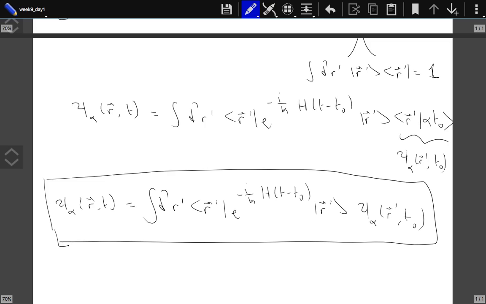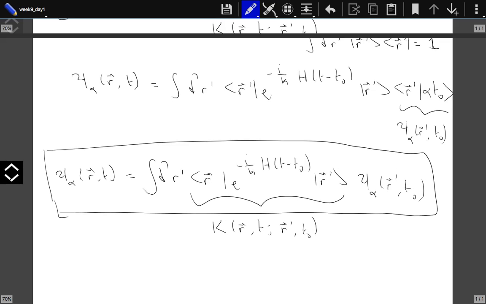The time evolution of any ket, and hence, in fact, all the properties of our states are incorporated in this function over here, which is usually written as K(r, t; r prime, t0). So it tells us how my ket evolves in time, how my wave function evolves in time.